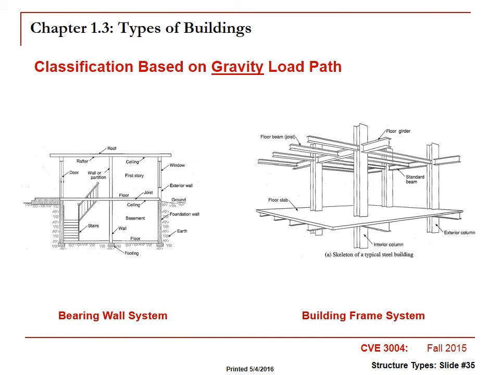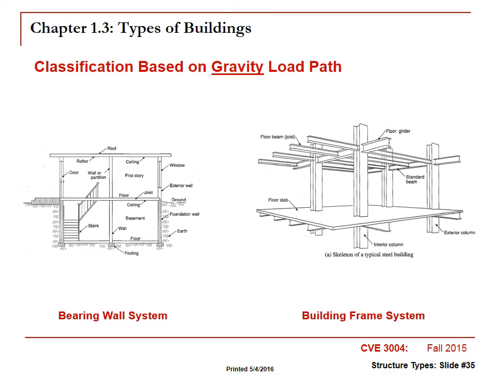So we'll talk about load paths, and you're going to get some more work on that in this course this semester. But what we have to be able to see as you progress through your engineering studies is how loads are actually transferred from one member to another. So over there on the right, like we talked about a lot, you can have a building frame system.